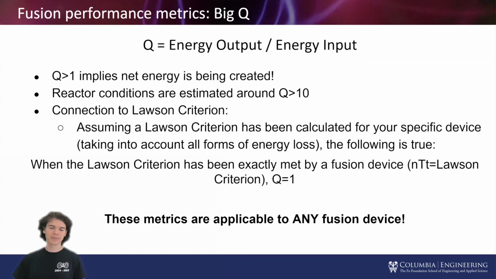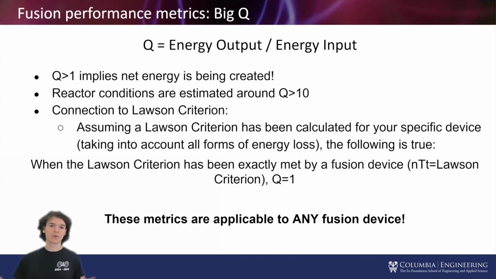For the specifics of it, I think you can extend to a few other types of fusion devices, but especially for any type of magnetic fusion device, you can have a Lawson criterion and a Q value. So it's good to look out for these when you hear different developments have happened in the fusion community. You say, okay, a new plasma has been created that's been very powerful.